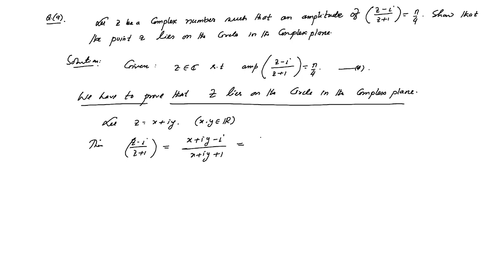Writing it in the form a plus ib, it will be [x(x plus 1) plus y(y minus 1)] by [(x plus 1) whole square plus y square] plus i [(y minus 1)(x plus 1) minus xy] by [(x plus 1) whole square plus y square].